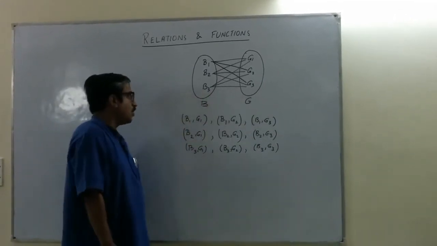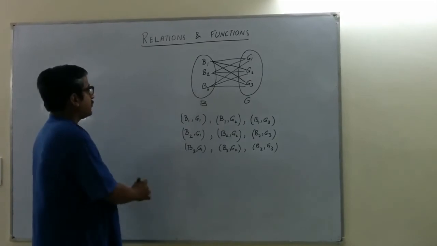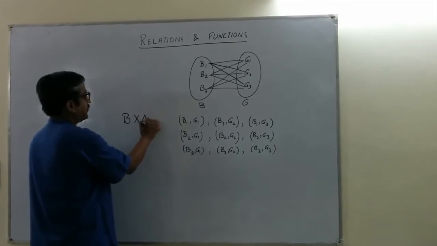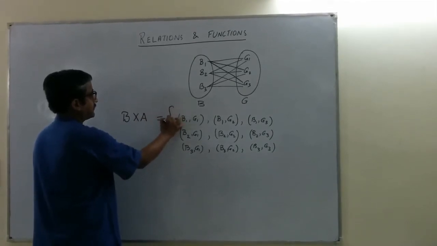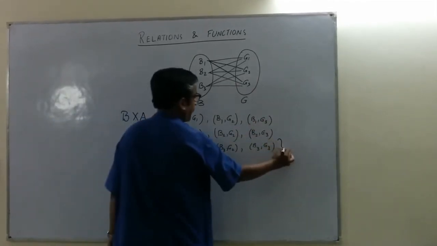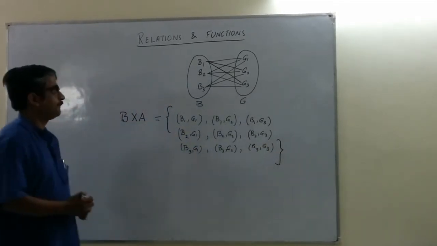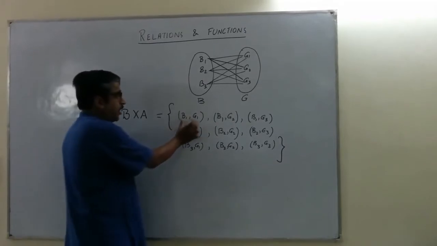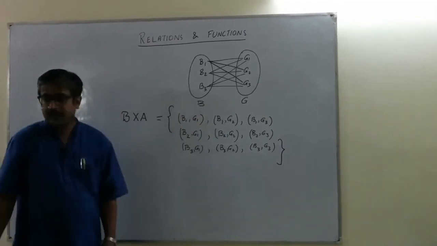This is called the Cartesian product, meaning this is nothing else but the set B cross the set G. These are called the ordered pairs.